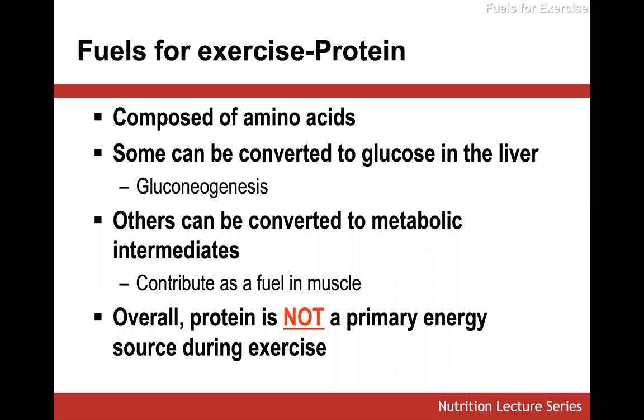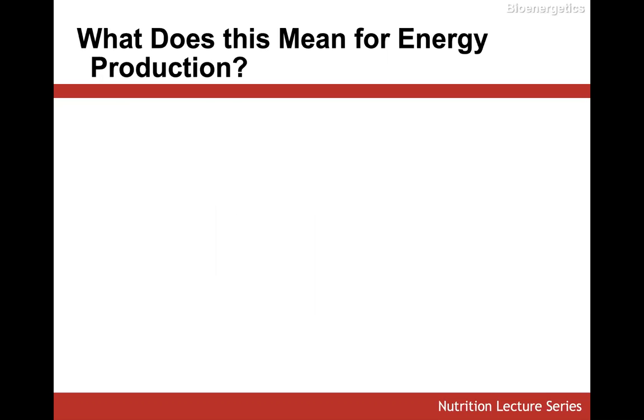We'll dive into this a lot more as we go along in our lecture series. But bottom line is, out of the 3 macronutrients, and again, macronutrients are our carbohydrates, fats, and proteins, carbohydrates and fats are our primary fuel sources for energy, where protein is not a fuel source for energy. I cannot stress that enough.